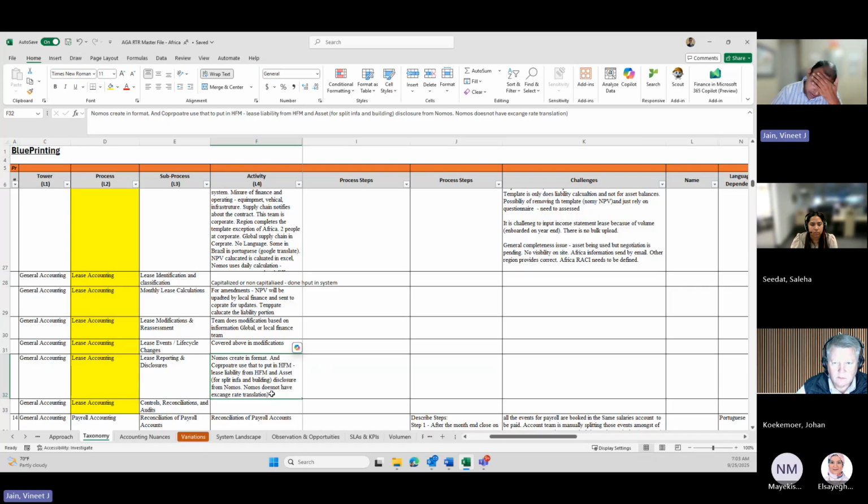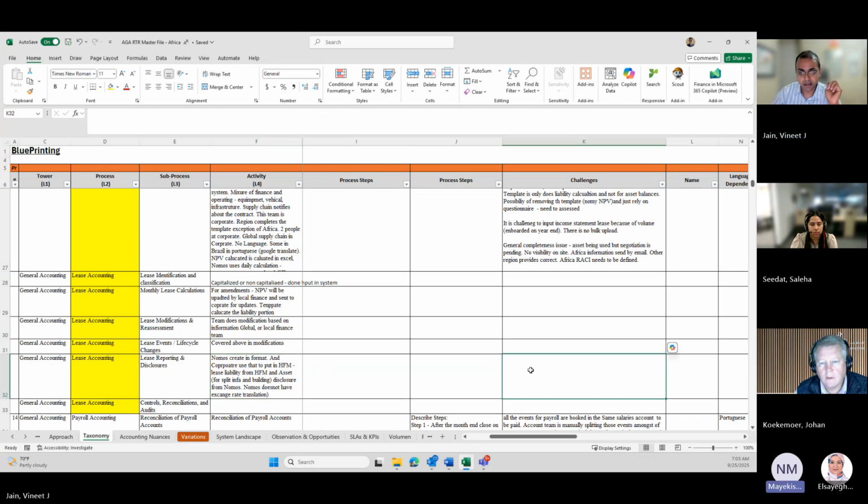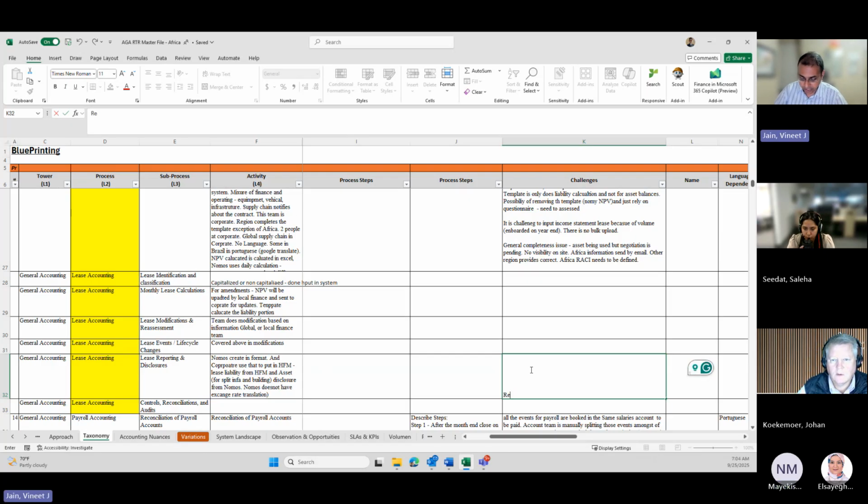Okay. And should I consider this a challenge, that the regional teams throw everything in that and you have to do a split in NOMOS yourself manually? Yeah, it is a challenge, but NOMOS assists with that challenge. So should I write that the regional team doesn't split?